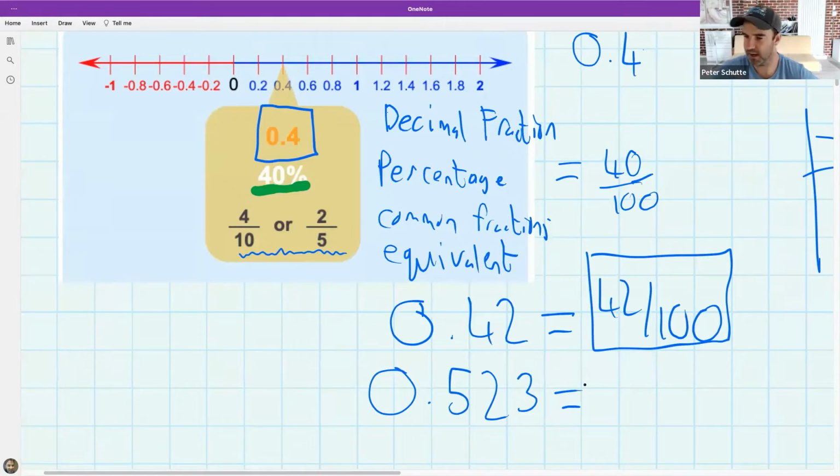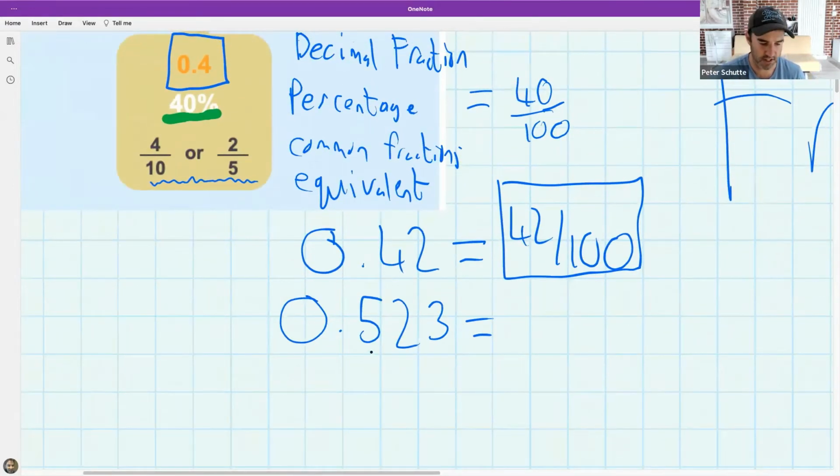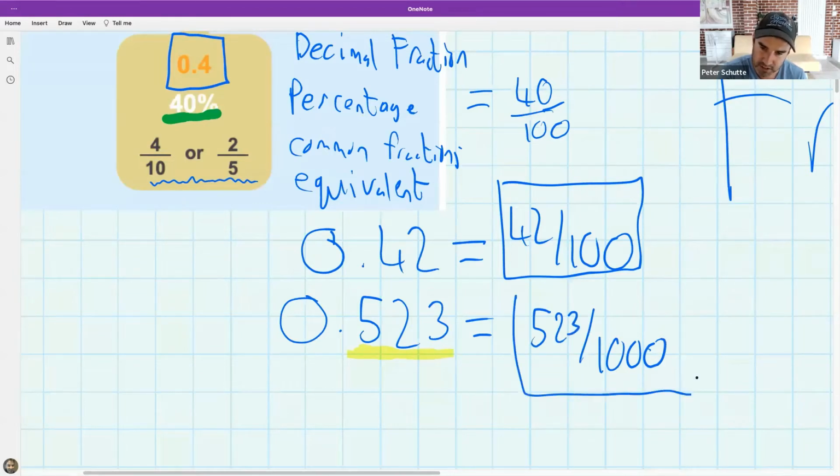I'm testing you guys. So what's important to notice is that if I have 3 numbers after the decimal point, I'm no longer going to have 100 as my denominator. Rather, it's going to be over 1,000, because 10 to the power of 3 is 1,000. And so this fraction would be 523 over 1,000.